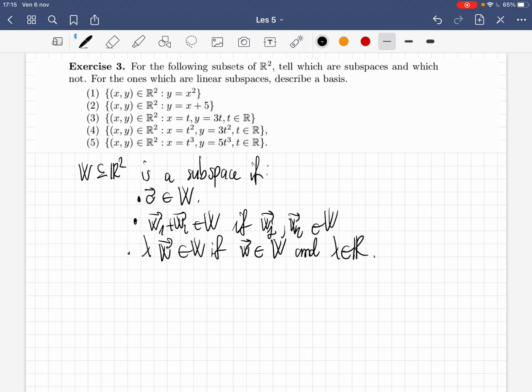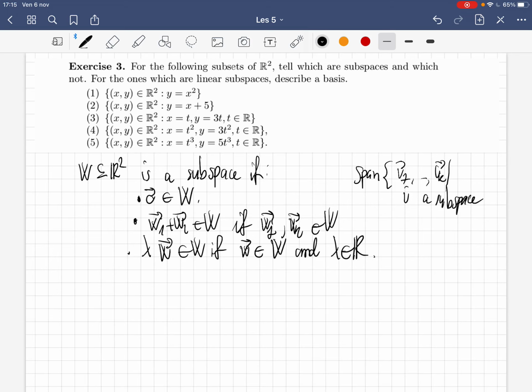Just recall, kernels and images are always subspaces. The span is a typical example. The span of some vectors is an example of a subspace, a very typical one.